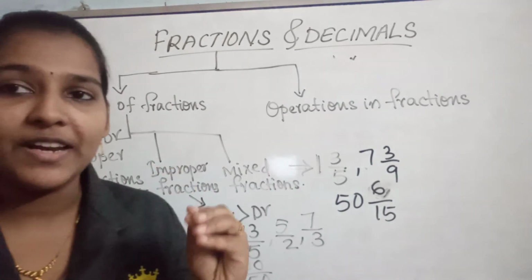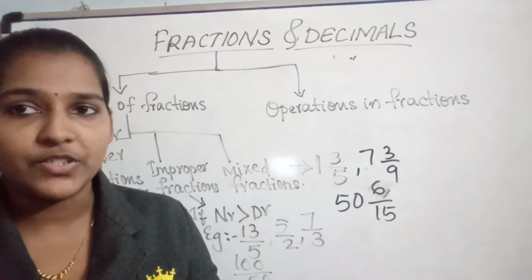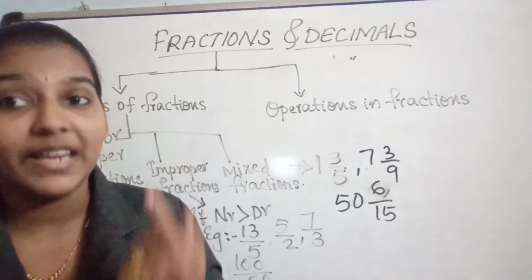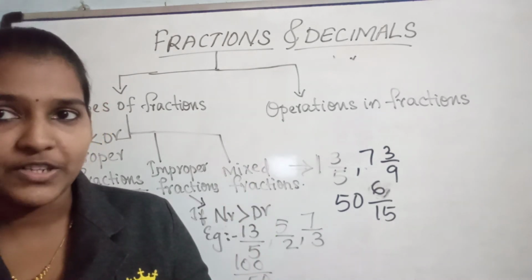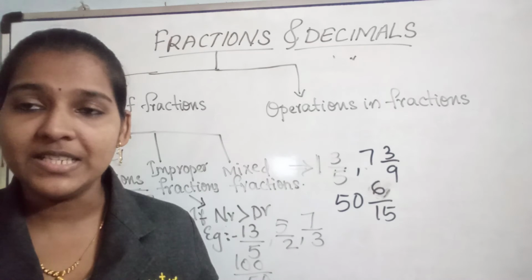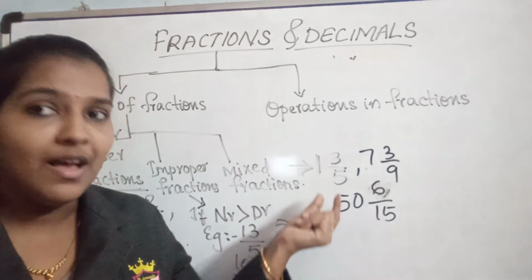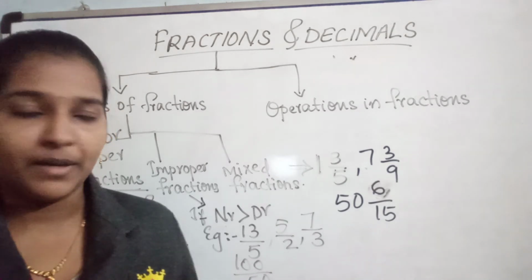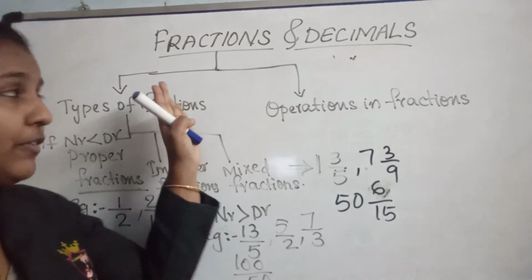Second, improper fractions: if the numerator is greater than the denominator, then they are improper fractions. And then mixed fractions are the combination of a whole number and a proper fraction. Got it, children? So this is the first part in the topic fractions.